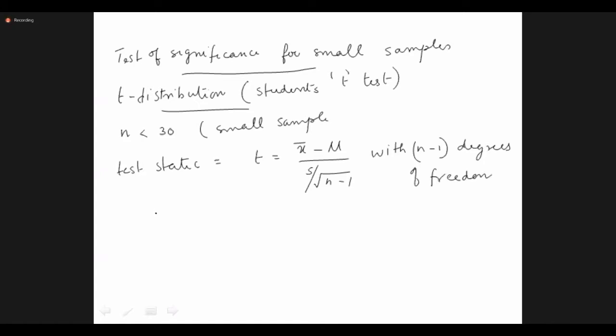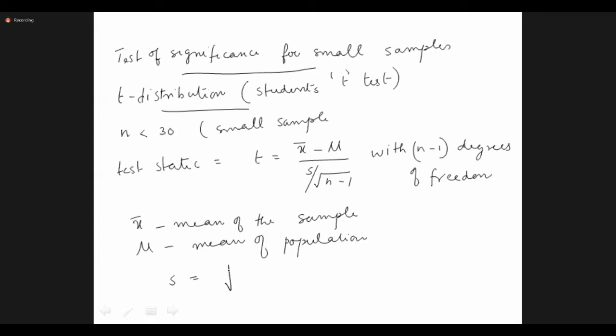X bar is the mean of the sample and mu is the population mean. S is the standard deviation of the sample, calculated by the formula root of 1 by n minus 1 into sigma of (xi minus x bar) whole square. n is the sample size.